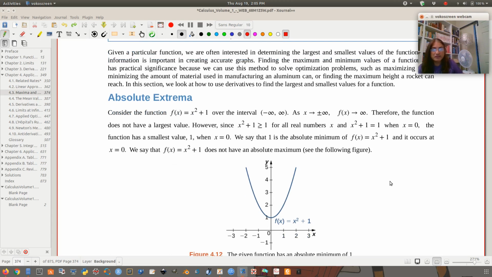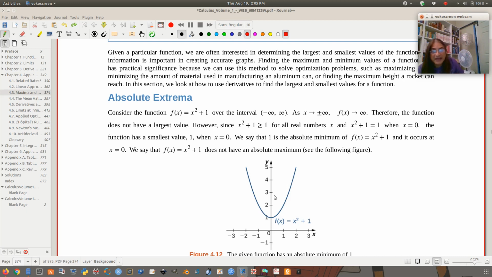A function x squared plus 1, for example, does not have an absolute maximum value. You might say it's infinity, but infinity is not a value. There's no point at x where you can say the function has achieved its maximum value, because you can go further to the right and get a bigger value, and further to the left if it's a negative value.